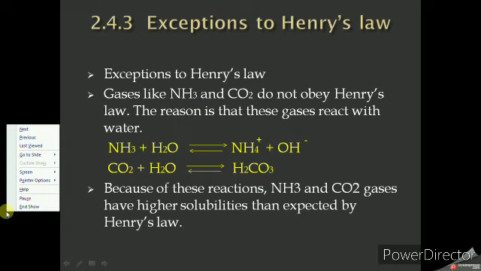So according to the Lowry-Bronsted acid-base concept, ammonia is a proton acceptor, so it is a Lowry-Bronsted base and it will produce NH4+, which is the conjugate acid of ammonia. At the same time, water donates the proton, so it is a Lowry-Bronsted acid and its conjugate base is OH-. So the difference between a conjugate acid and its base is of H+, that is, a proton.